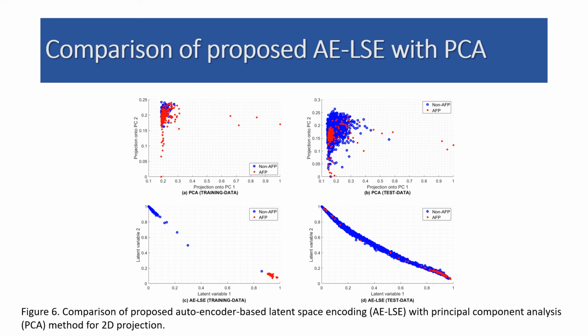It can be observed at the bottom right of figure 6D that the AE-LSE method forms a cluster of AFP samples. This helps in understanding the working principle of the proposed method and the motivation for development of non-linear autoencoder based learning for latent space.